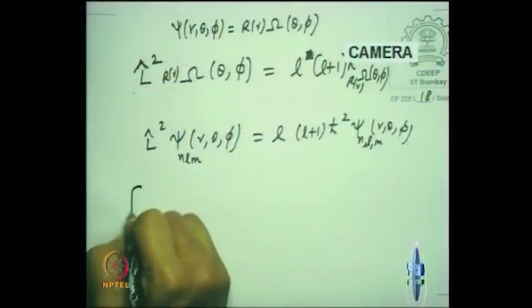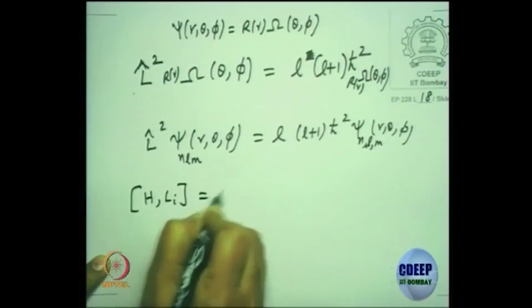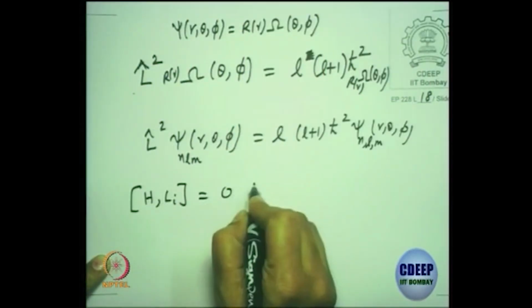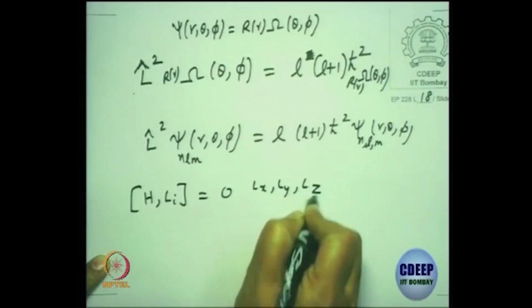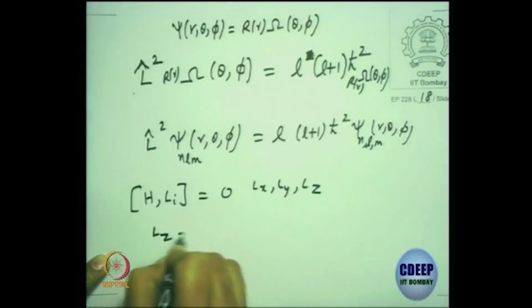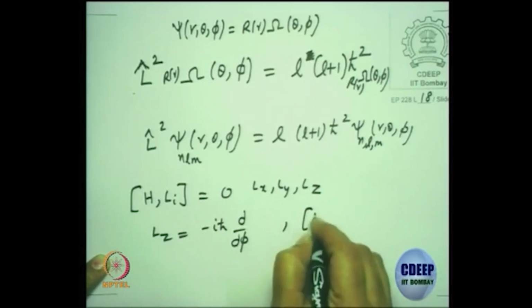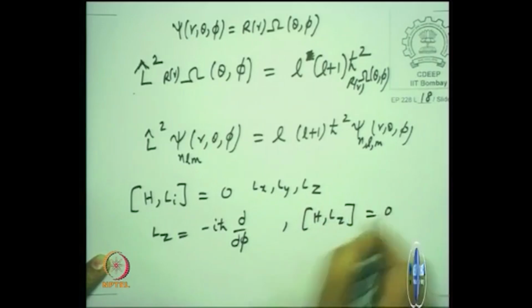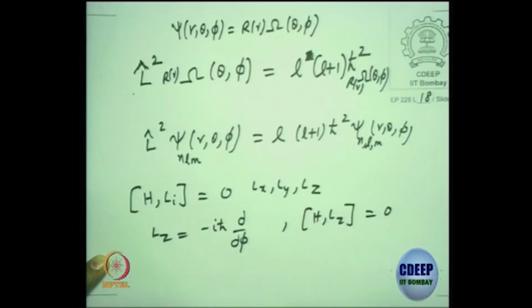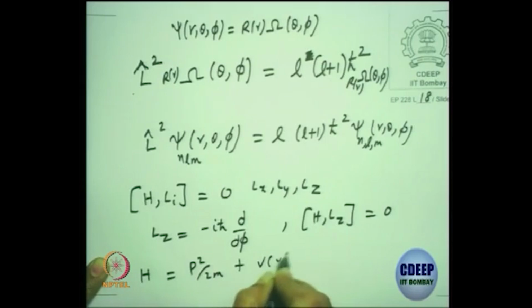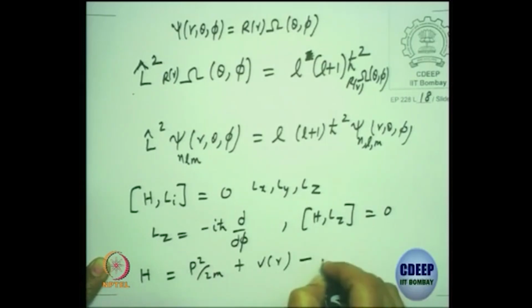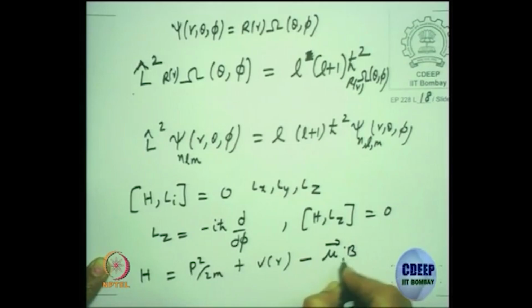So, I said that the Hamiltonian commutes with L_i, where L_i could be Lx, Ly, Lz, but for convenience the Lz operator was minus i h cross del by del phi, and we found that the commutator of H and Lz is 0. This is fine. Suppose you take the Hamiltonian, which is p squared over 2m plus V of r, and then I want to also add a mu dot B, and I take the mu to be along the z direction.